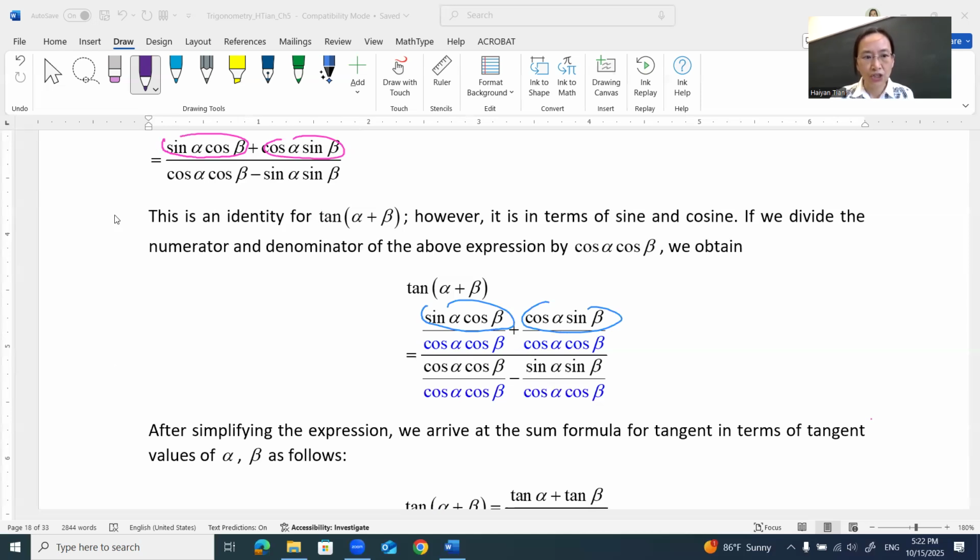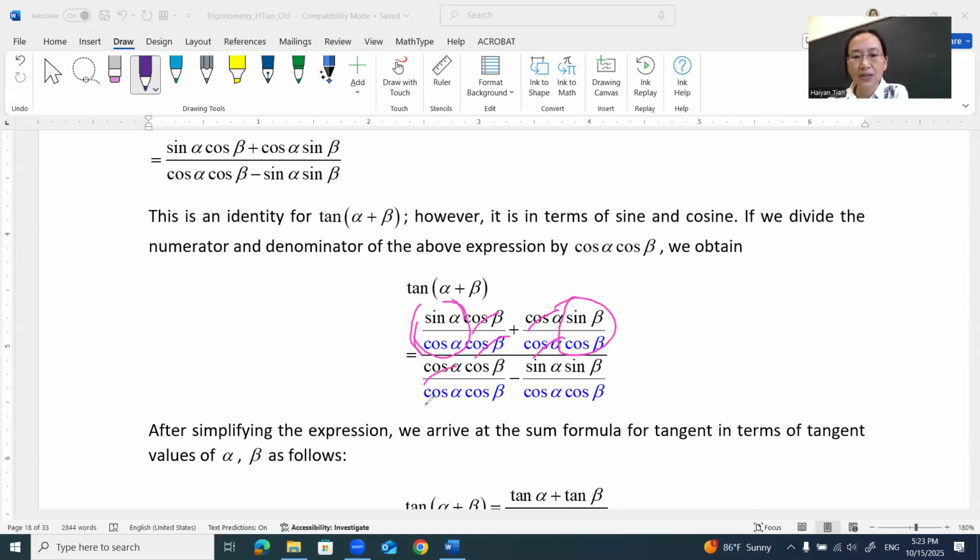Also, each term in the denominator is divided by cosine alpha cosine beta. Once we do that, we can see this can be reduced because the cosine beta is canceled, and this becomes tangent alpha. And you see cosine alpha is canceled, this becomes tangent beta.